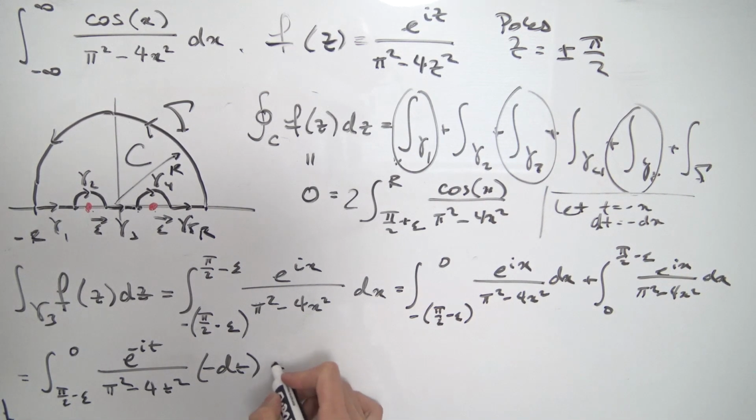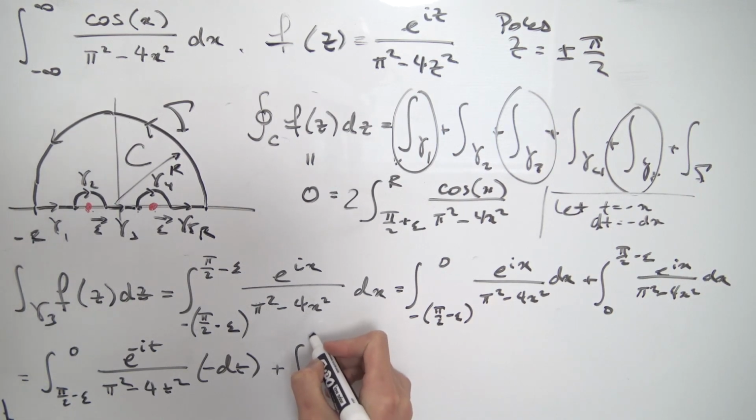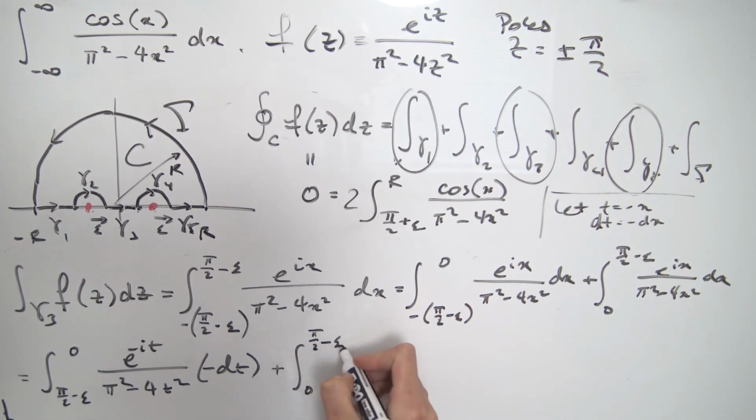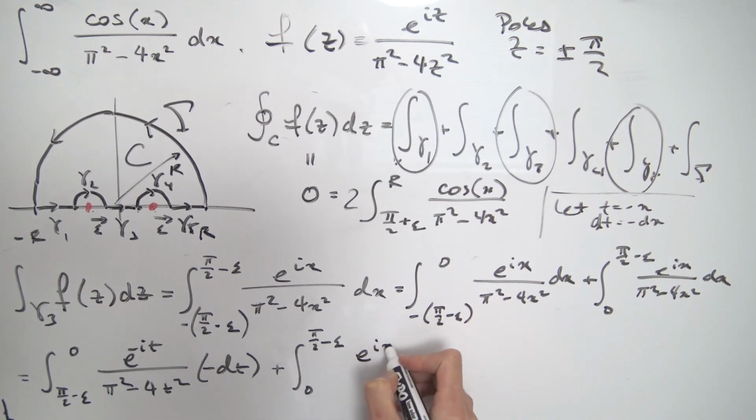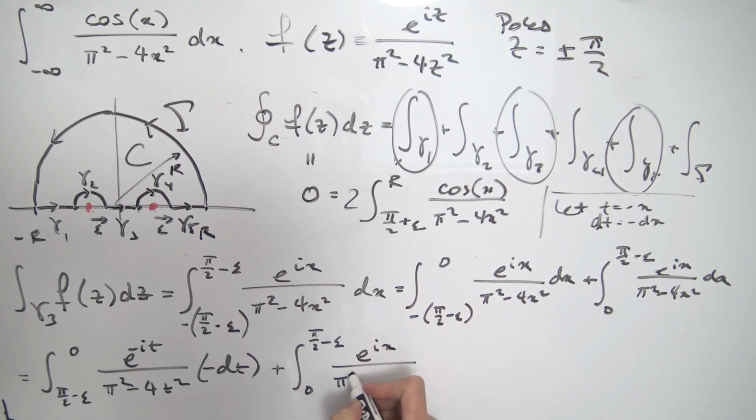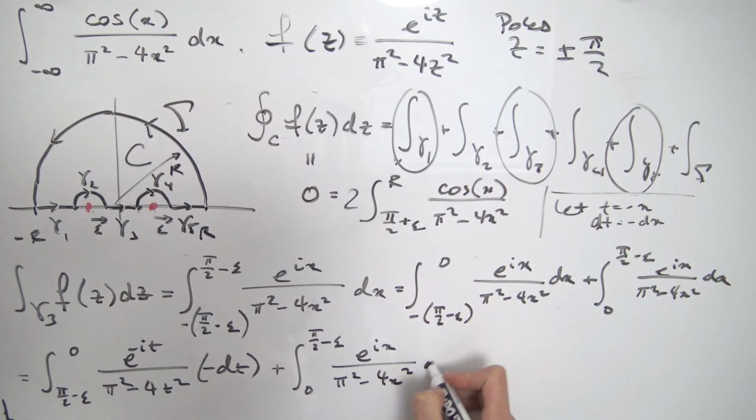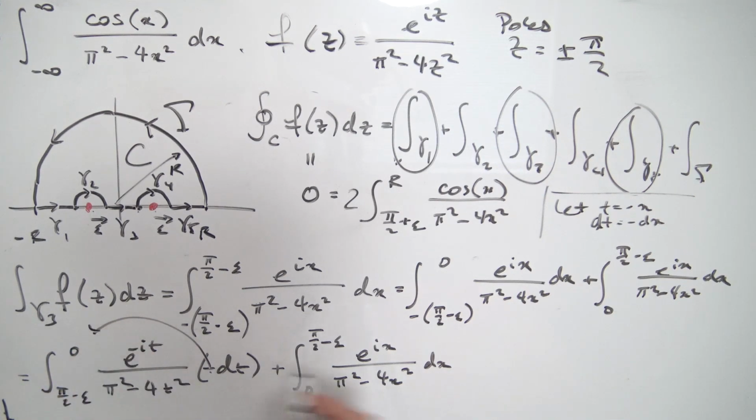Okay, now we can add this with the integral from 0 to pi on 2 minus epsilon of e to the ix over pi squared minus 4x squared dx. And notice we can distribute this negative into this integral right here. So in doing so, we're going to flip the bounds right here.